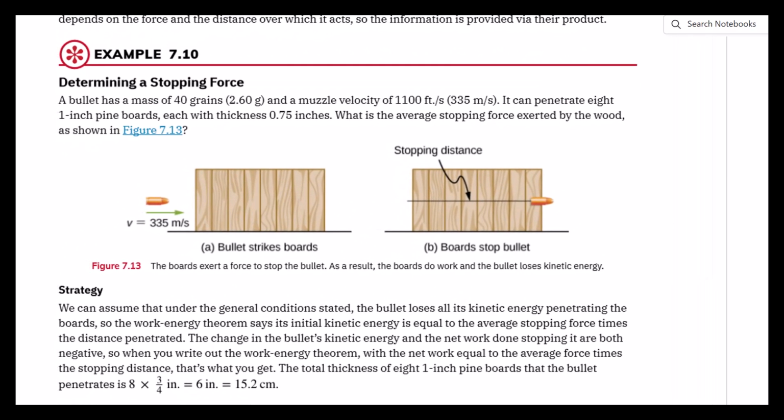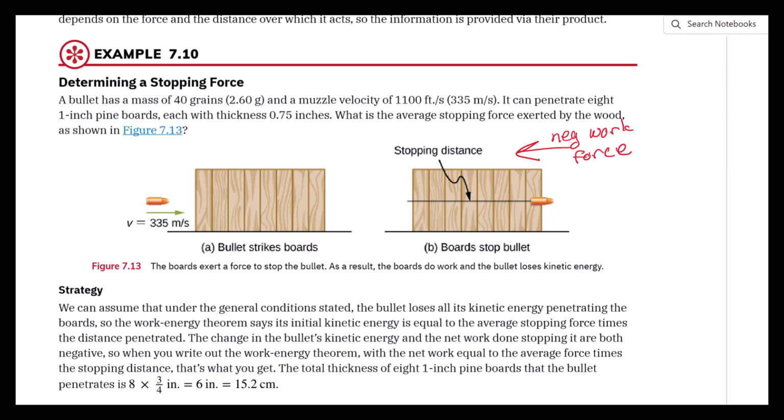All right, we have a 40 grain bullet with a muzzle velocity. What's the average stopping force? Well, let's pretend that I know what I'm doing. There's some kind of force that's bad at its job, so it's going to do negative work.